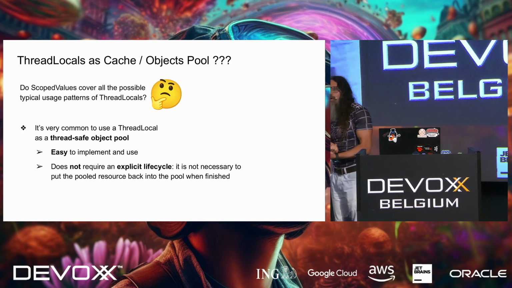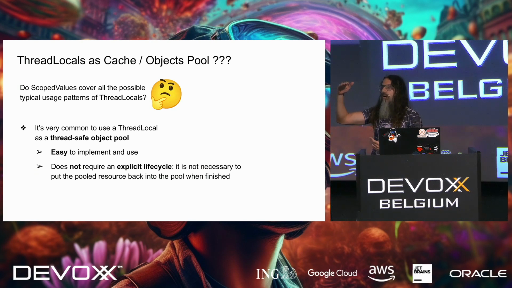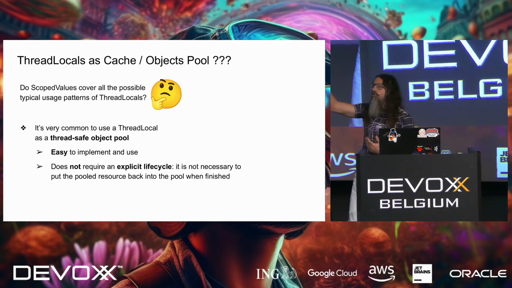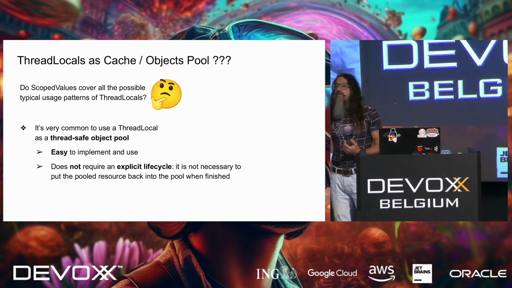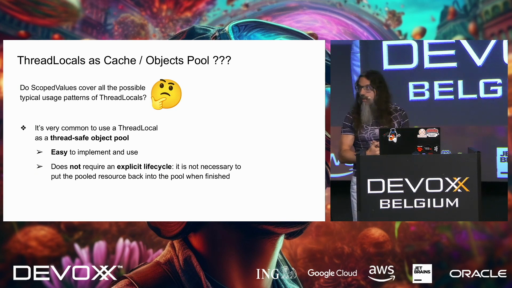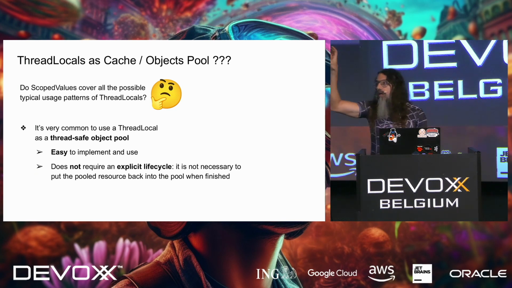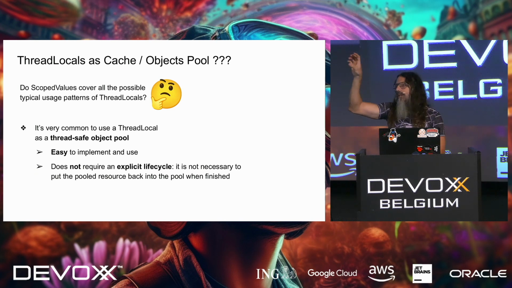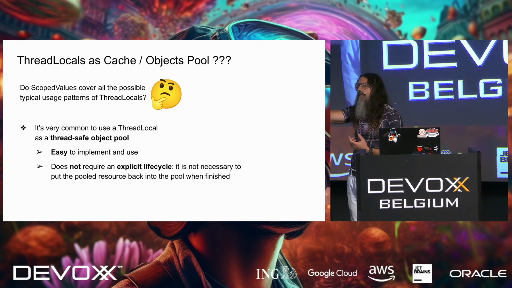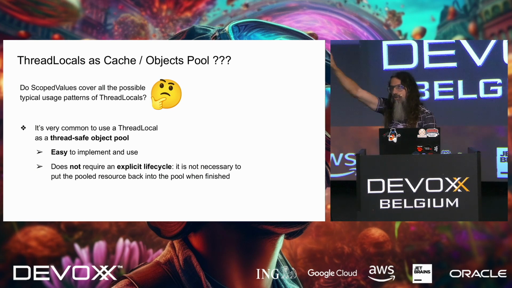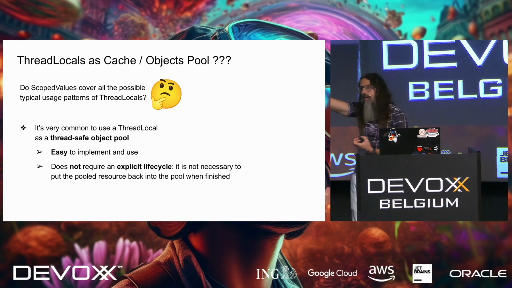What you normally do with a pool is that you acquire a resource, you use your resource, but then you have a life cycle, and you know that at some point you need to release the resource, okay? This is not necessary if you have a ThreadLocal based object pooling, because you get the resource from the ThreadLocal, but the resource remains in the ThreadLocal, but everything is thread safe, because you are the only thread taking that resource from the ThreadLocal at that point.